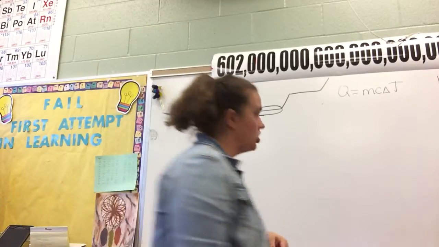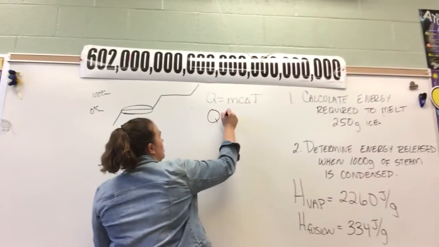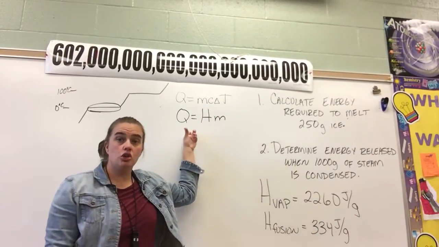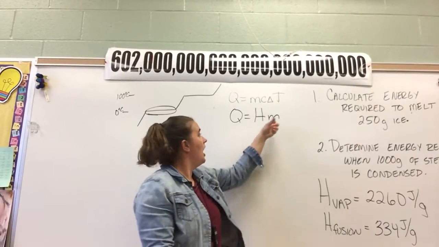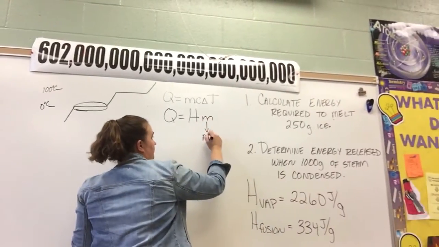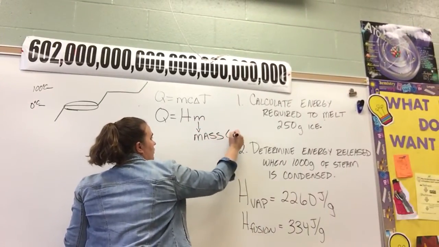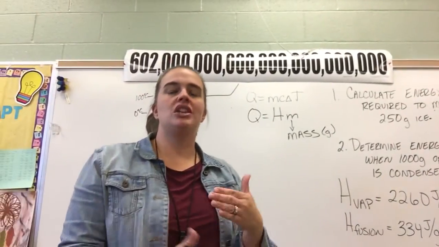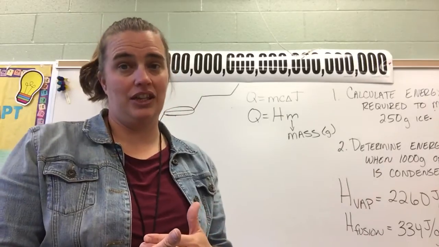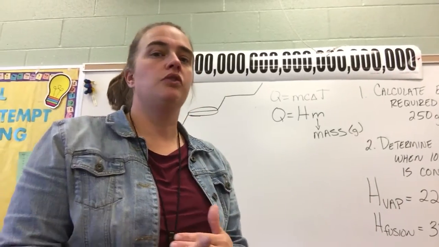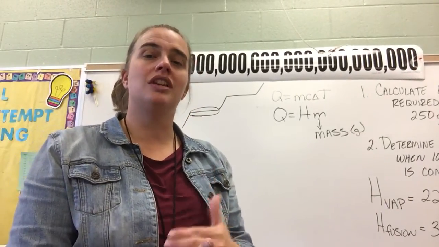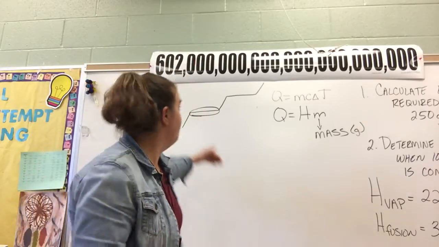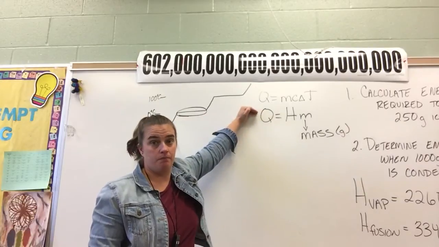There's actually another equation. Q is equal to H times M. Q is energy again, M is mass again, of course in grams. This H value is just like my specific heat, although it's what we refer to as either heat of fusion or heat of vaporization. Why do we have 2 different values? Because I have 2 different plateaus.